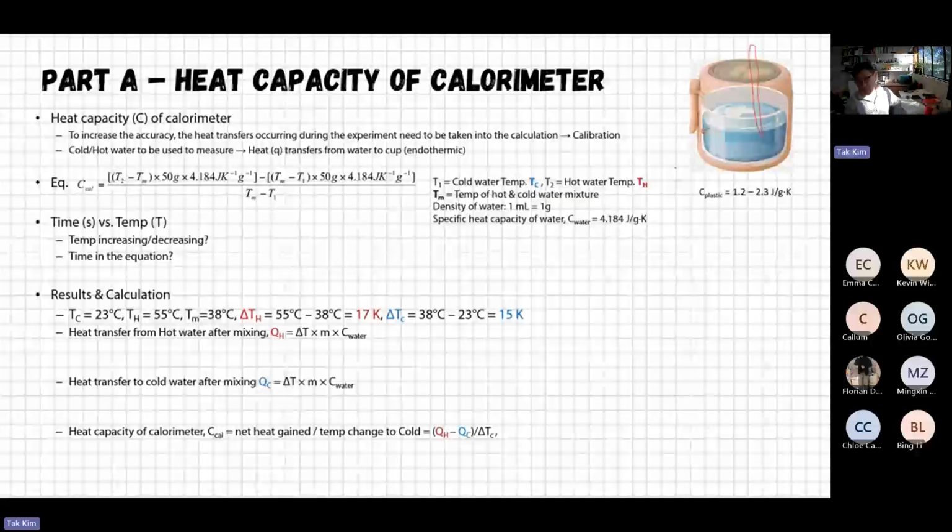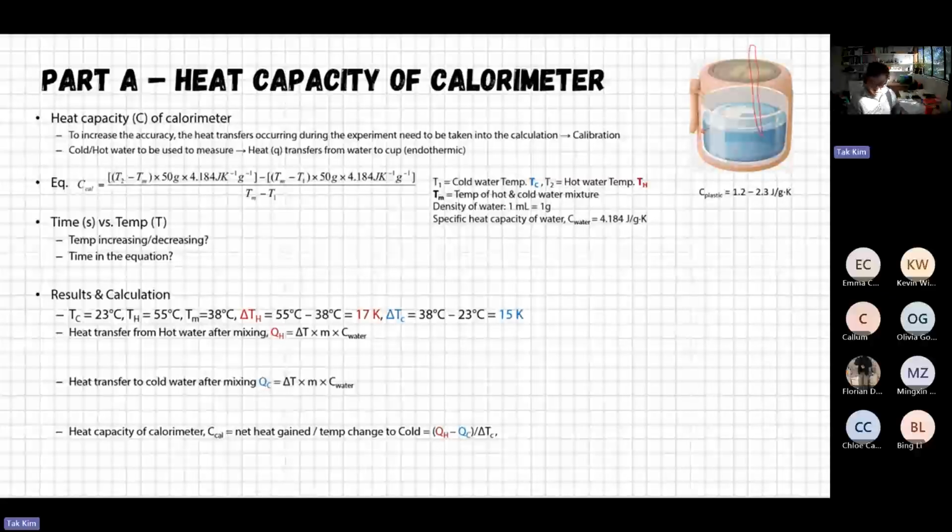So because of that, we can capture all the energy transfer. That is why we measure the heat capacity of the calorimeter. And by doing this, we can also account for the energy not measured using the thermometer.